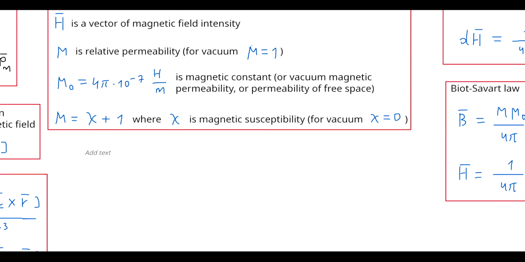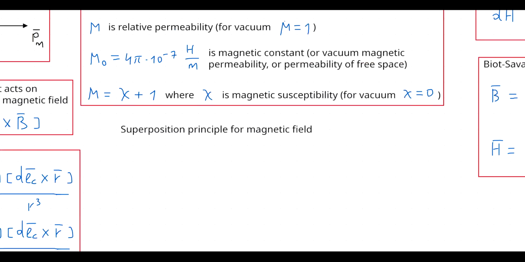It is also a result of experiment, and it can be written just as the vector sum of magnetic fields.